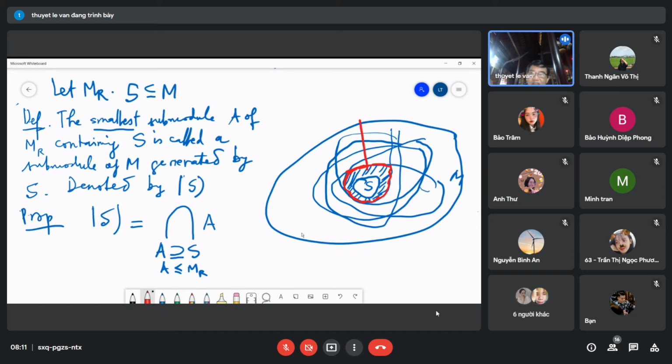The intersection is the smallest submodule: it is a submodule, and it is smallest because it is the intersection of all of them. Easy to prove, so we only say that it is the intersection.